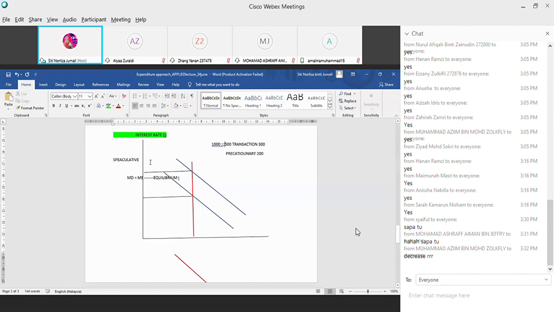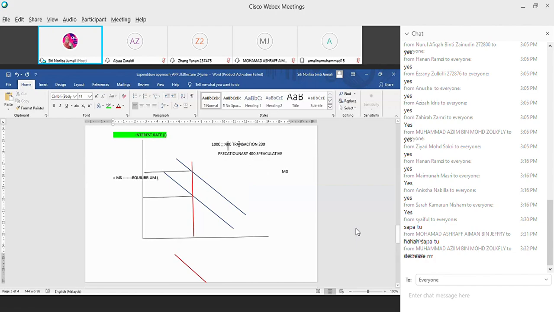Now when the interest rate is high or increases, you will put more of your money into speculative. Let's say you want to make it double, 400. But you still have only 1,000, so you have to sacrifice from the other two. Remember, transaction and precautionary are holding cash money. So if this becomes 400, then this becomes 200 and this maybe 400, equal to 1,000.